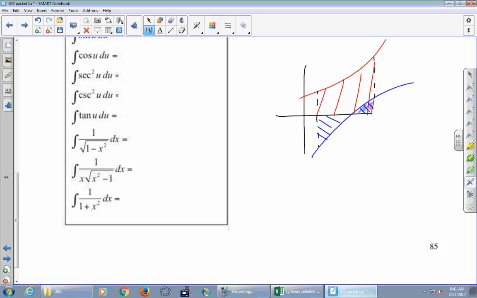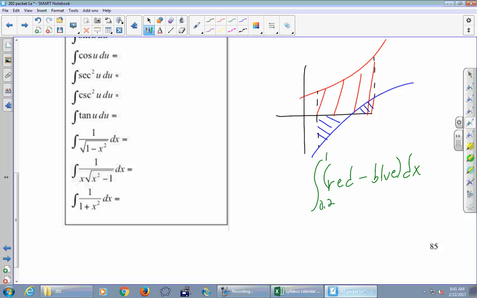And if you just do one integral, one fell swoop, of the integral of red minus blue from 0.2 to 1, is that right? Yep. So if you just do that one integral, then you'll get all of the red stuff, including some blue that you don't want, but then you're subtracting off that blue, so that works out.